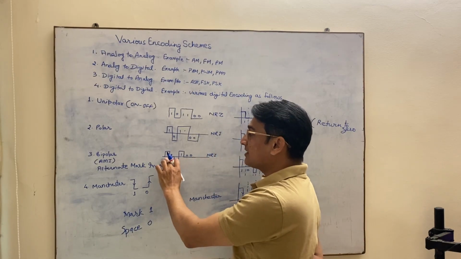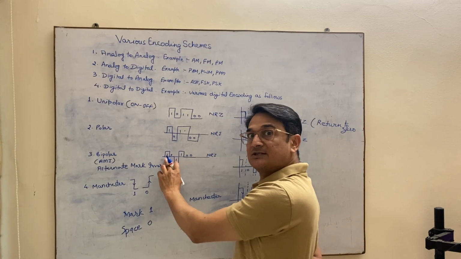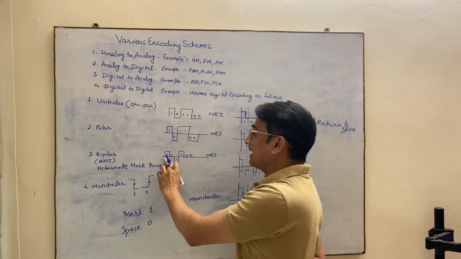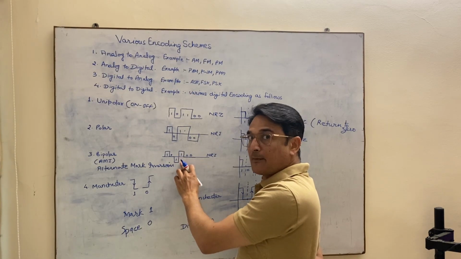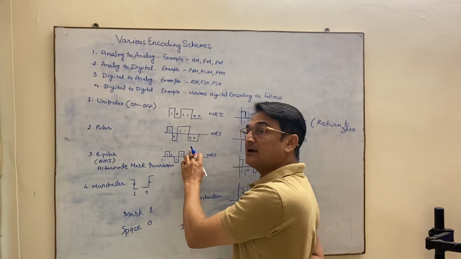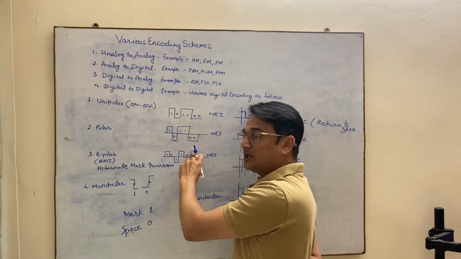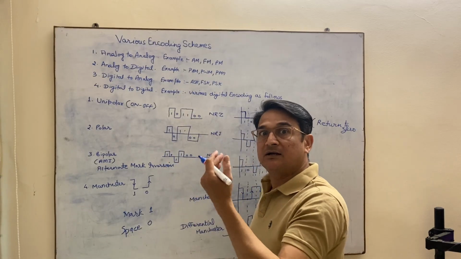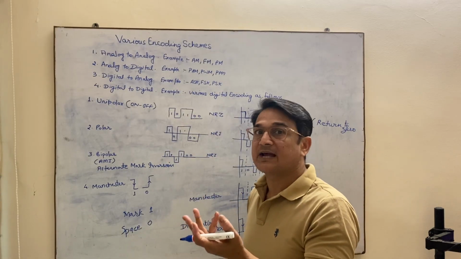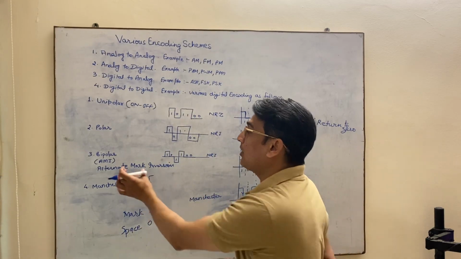So you can see that for bit 1, first bit 1 is represented by plus volt, and then 0 is represented by 0, then next one is represented by minus V, and then again next one is represented by plus V. So this way all ones are represented by some polarity. It is either positive or negative alternatively.